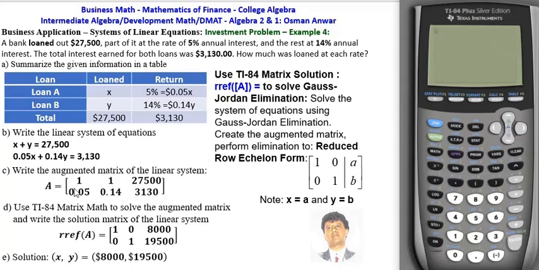Then you take RREF of this augmented matrix, it gives you this reduced row echelon form, which is x equals 8,000 and y equals 19,500.